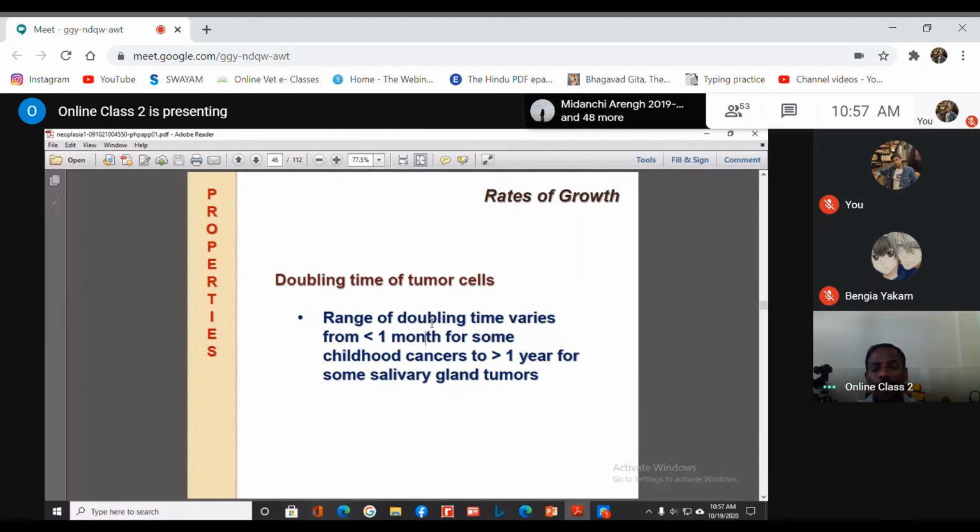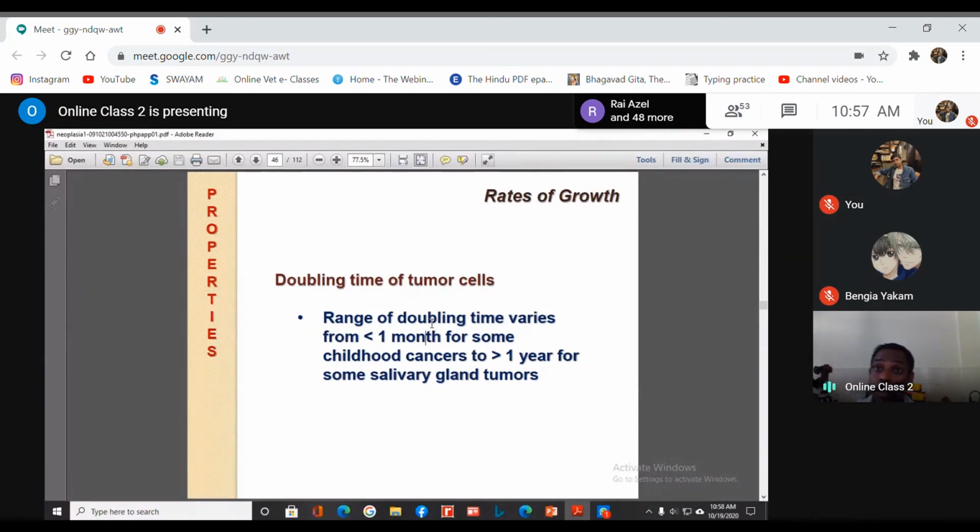In case of benign tumors, this is just an example, not the exact figures, just for understanding, out of 100 cells, maybe 5 cells are multiplying. In case of malignant tumors, out of 100 cells, 20 cells will be multiplying.